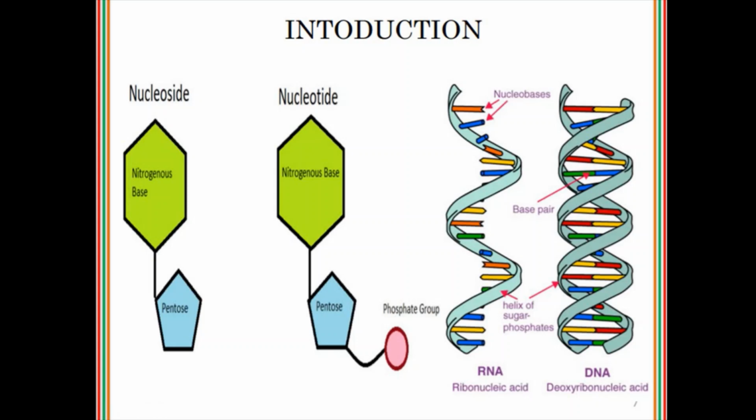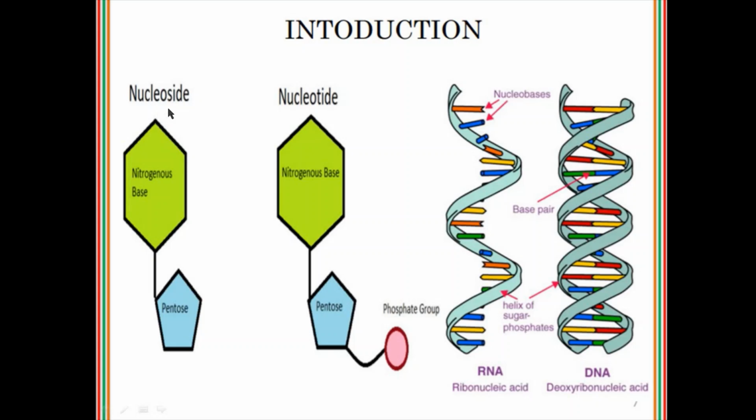Okay, so nucleotides are made up of three things. They're made up of a nitrogenous base, this substance that is in green here, a pentose sugar, this that is in blue, and a phosphate group, this that is in pink here. Now if you have a substance that is only made up of a nitrogenous base and a pentose sugar, that is called a nucleoside.